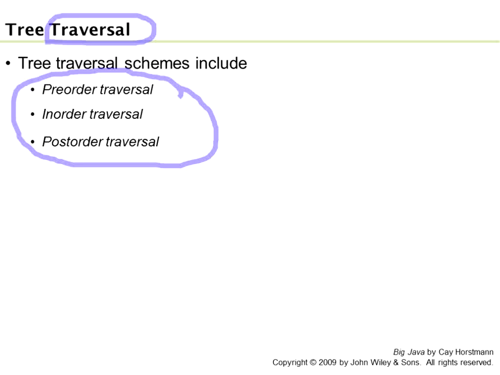Left, root, and then right. First you will visit the left subtree, then the root node, and then the right subtree. This is in order traversal.